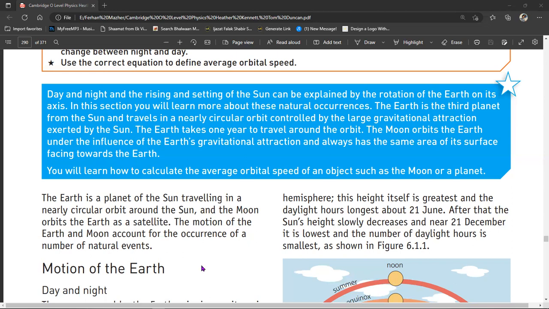The Earth is a planet of the Sun traveling in a nearly circular orbit around the Sun, and the Moon orbits the Earth as a satellite. The motion of the Earth and Moon account for the occurrence of a number of natural events.